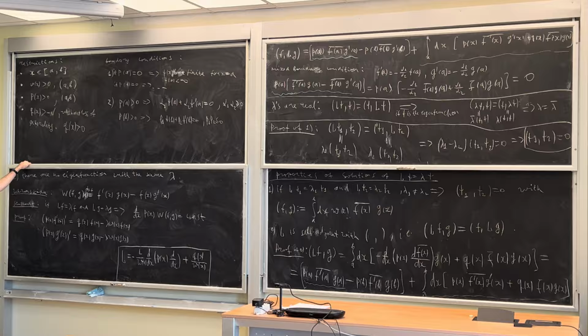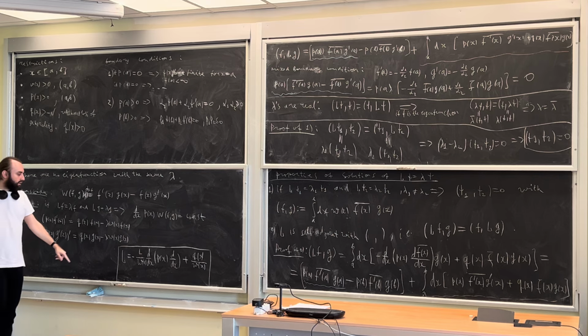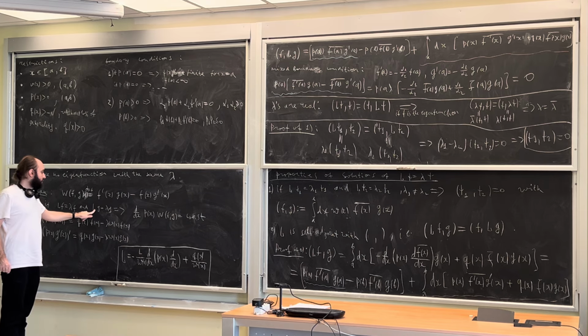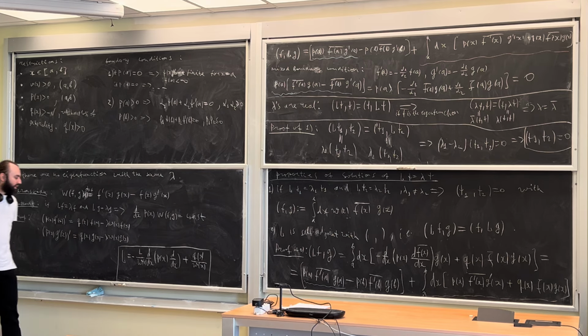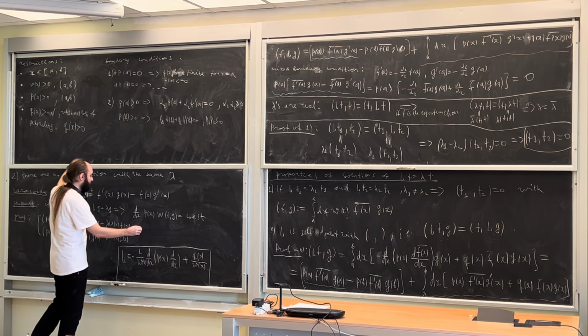Right, so I've simply written this equation for this operator. And now let us multiply the first equation by g of x and the second equation by f of x and subtract.